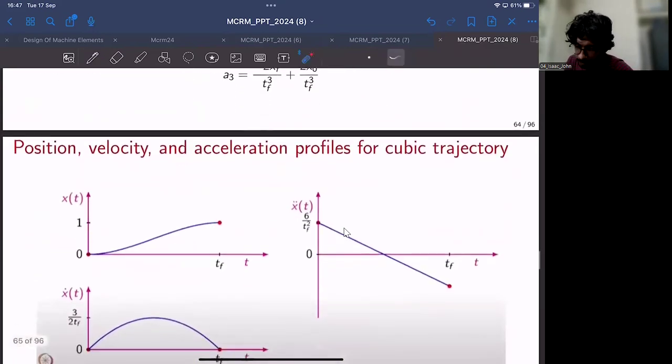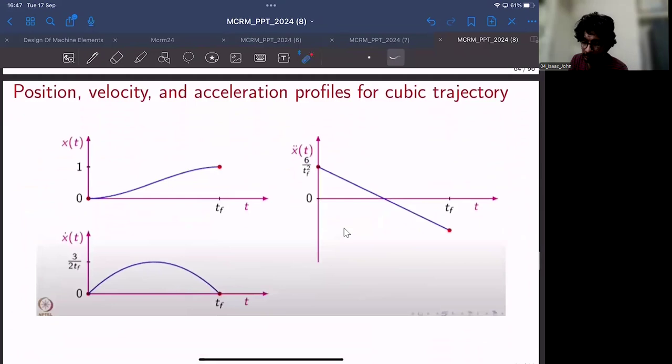In case of a cubic polynomial, if you take a look at the profiles, this is the third order curve, the velocity would be a second order curve like this, and acceleration would be a first order linear straight line.